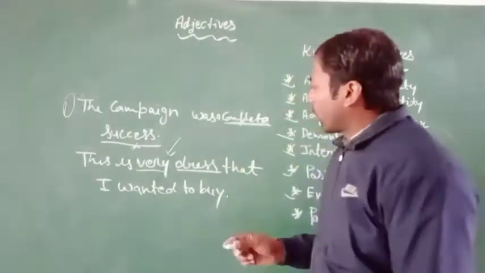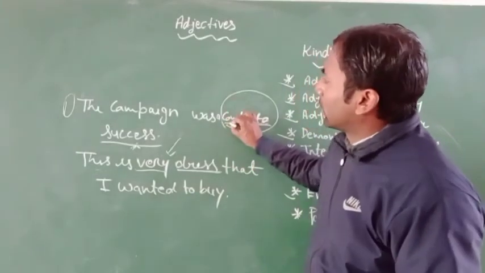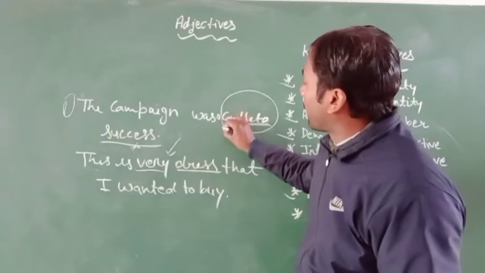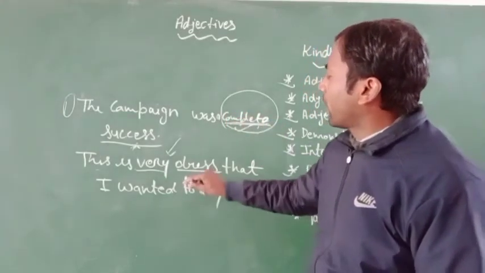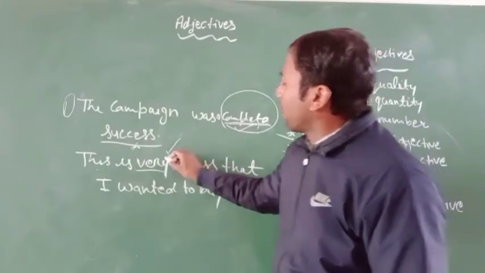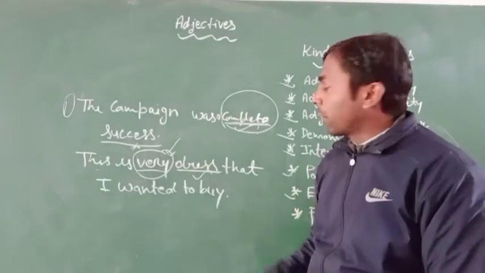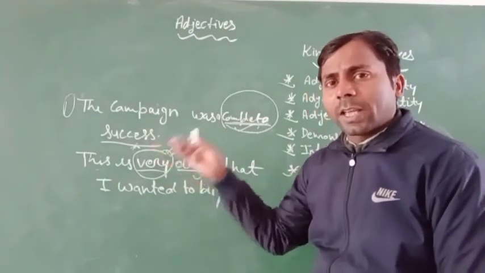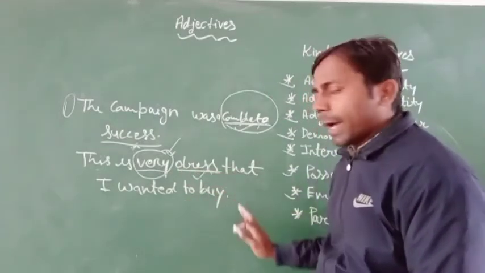Here he wants complete success. And in the other, he wants the very dress. Very dress means the same dress that he saw. This is the very dress that I wanted to buy.